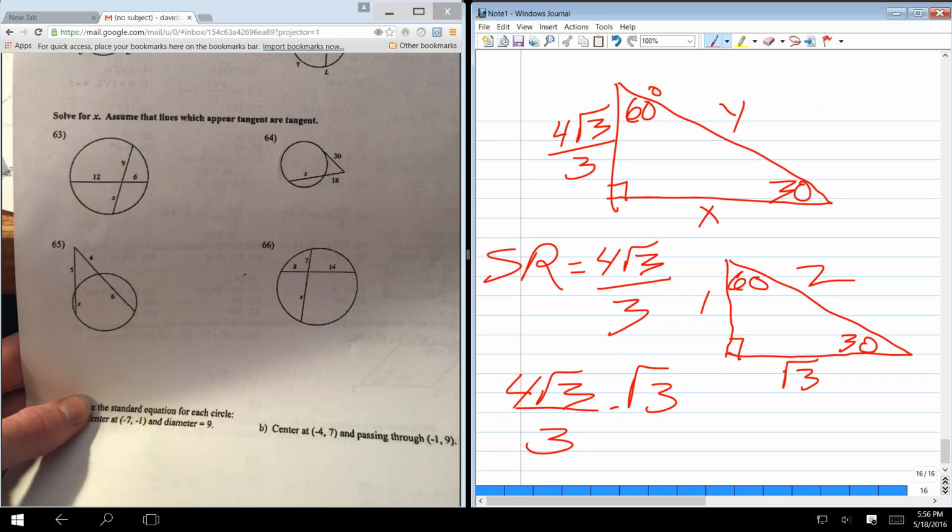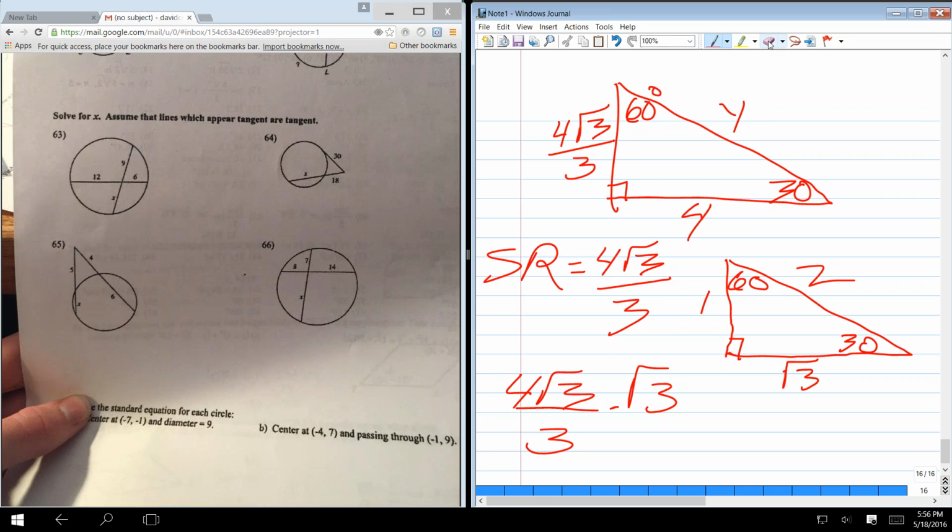Well, we have to keep it in radical form. Even if you have to keep it in radical form, it's 4. Wait, really? Uh-huh. The next one won't be, but this one, square root of 3 times square root of 3 is 3. So I have 4 times 3 divided by 3. This measurement is 4 right there.